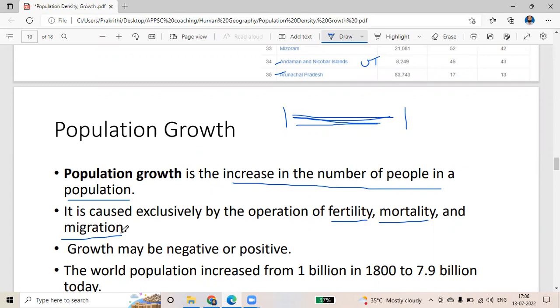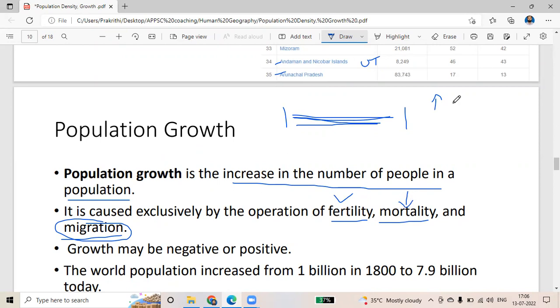If no one is coming or going out from a particular area, we can remove this migration. If the population is high, I am saying the population growth has increased. So what does it mean? Either the fertility rate has increased or the mortality rate has decreased.